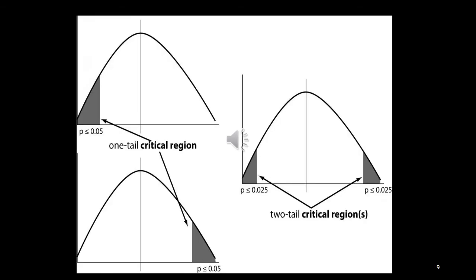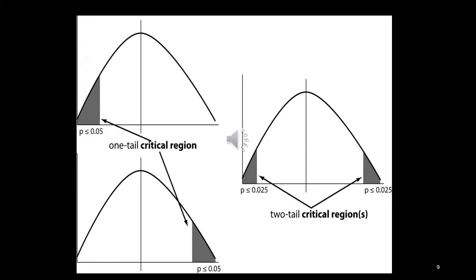More in detail, if you see with the help of the diagrams, in the first diagram, the one-tail critical region is P less than or equal to 0.05. In the second diagram, the critical region is on both tails, P is less than 0.025 on each tail. Now 0.05 is divided into two parts, so it is a two-tailed critical region, and in the last diagram it is on the right side, P is less than or equal to 0.05, representing one tail.